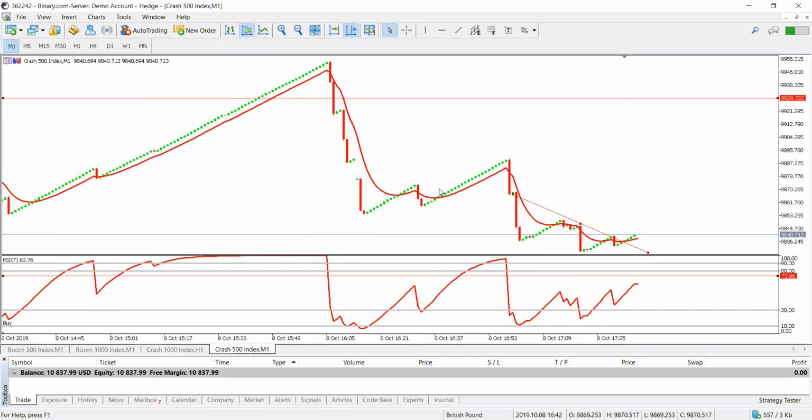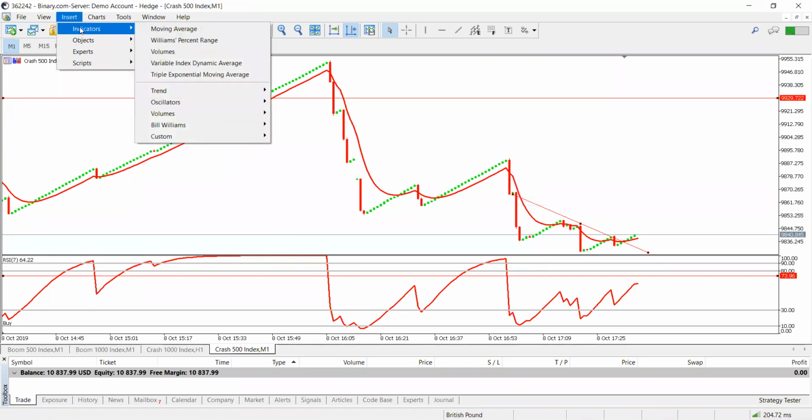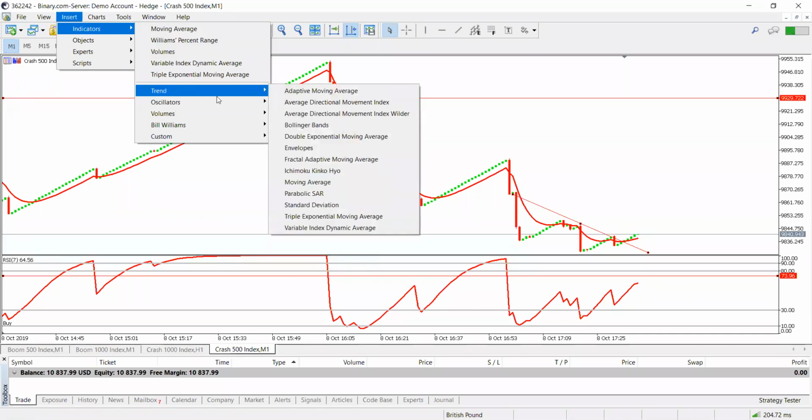So when you look at your moving average, as soon as the price, this is what we do with Idris, trend, Bollinger Bands.